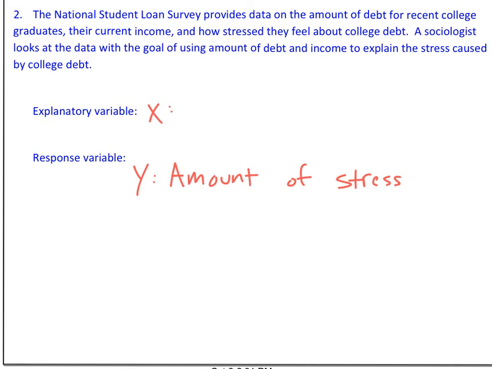So what I'm going to say here is, I think it could be either one. You could examine the amount of debt. Perhaps the higher the debt, the more the stress.